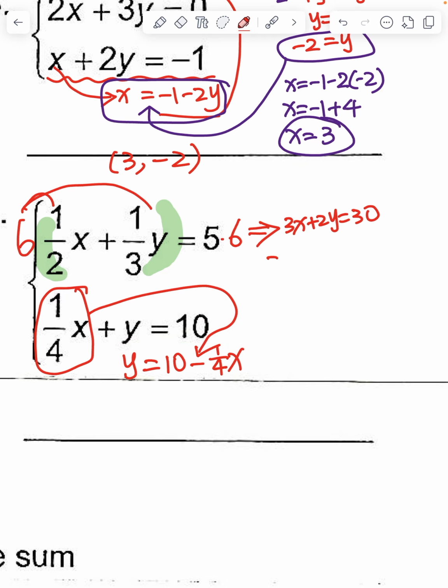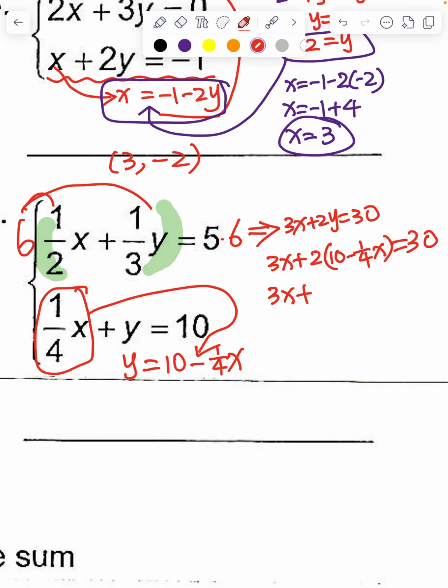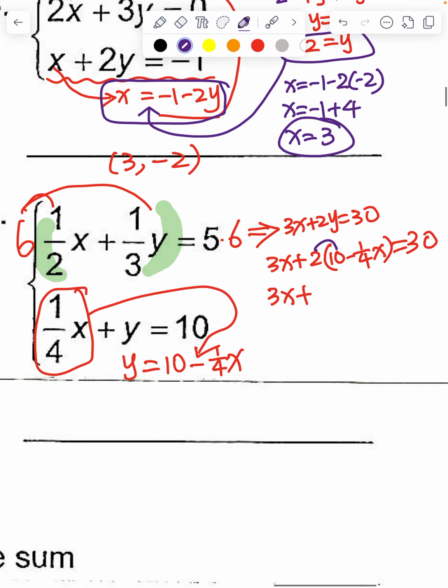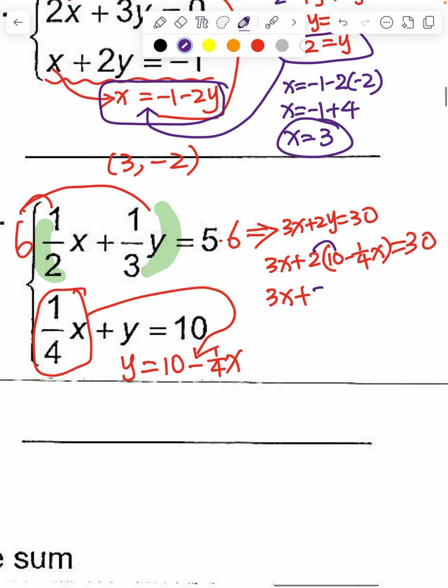So 3x plus 2 times 10 minus 1 over 4x equal to 30. So 3x plus 2 times 10, that's 20. 2 times negative 1 over 4, that's negative 2 over 4x equal to 30.